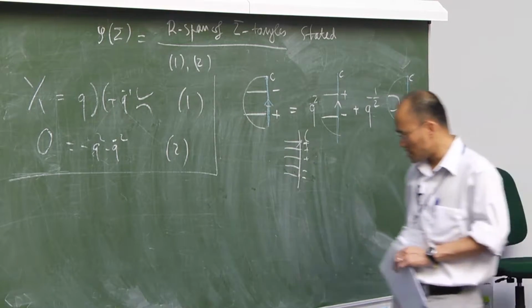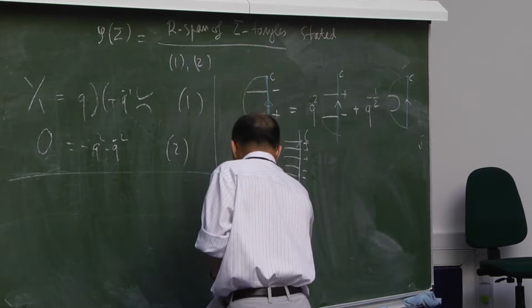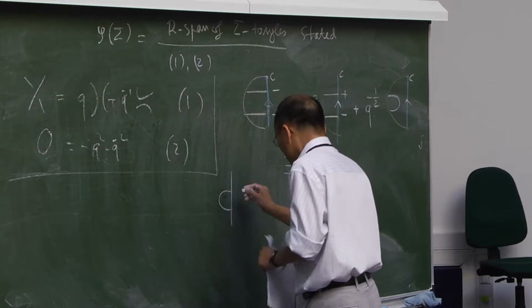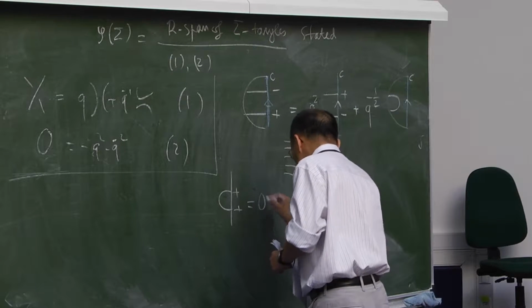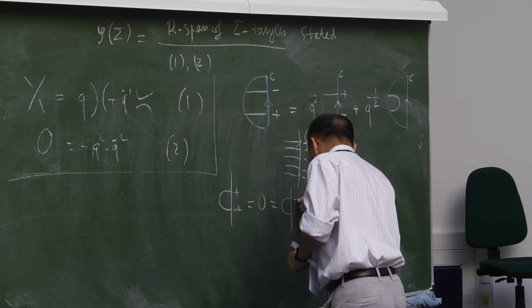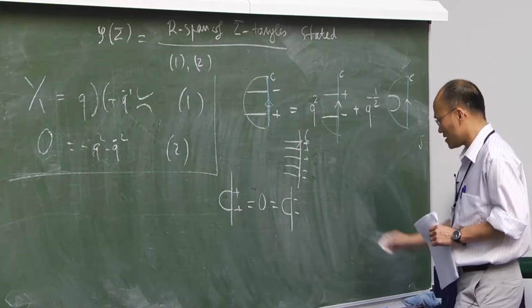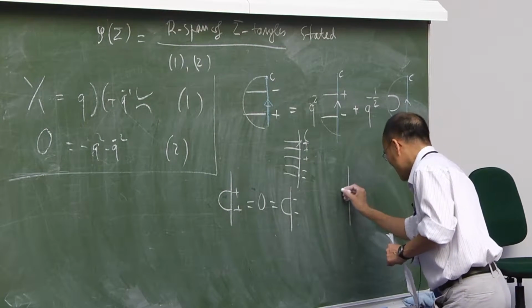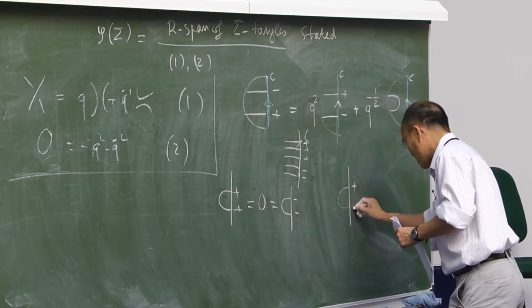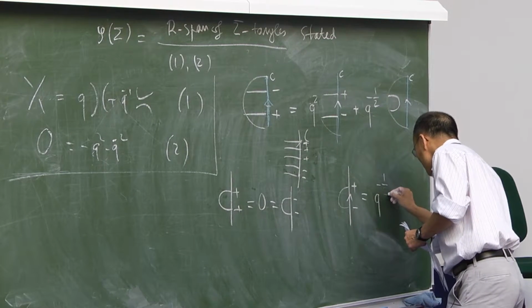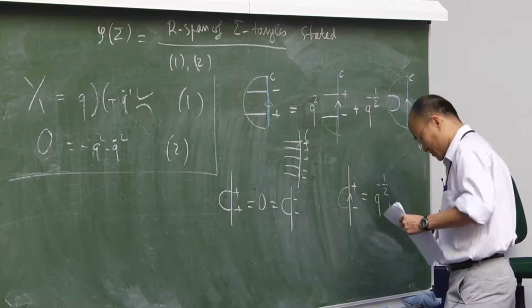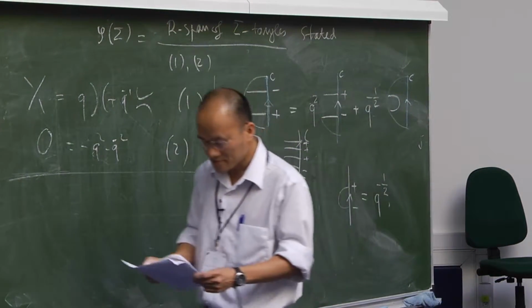But I need more relations, so these are just the trivial ones. If I have here plus and plus, then it should be 0, the same as minus and minus. And the very last one is that if I have here a plus and minus, that would be q to the minus 1/2. That's all the relations that I need.